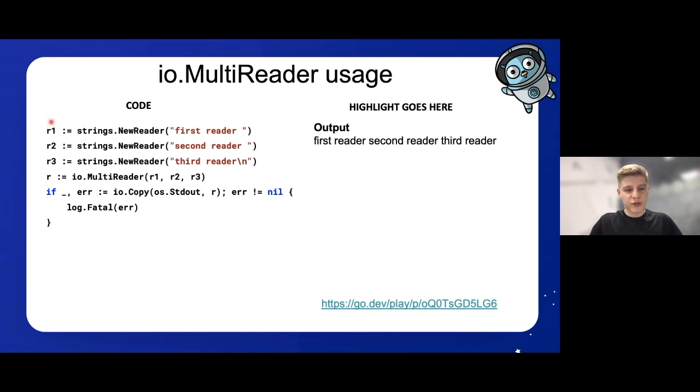We created a few readers, strings like first reader, second, third, and we executed our MultiReader function. And we can read one by one from all of these readers. And then we have io.Copy, which is quite an interesting function from the io package, which allows us to print from the reader to standard output directly. So in the standard output, you will see the following result.